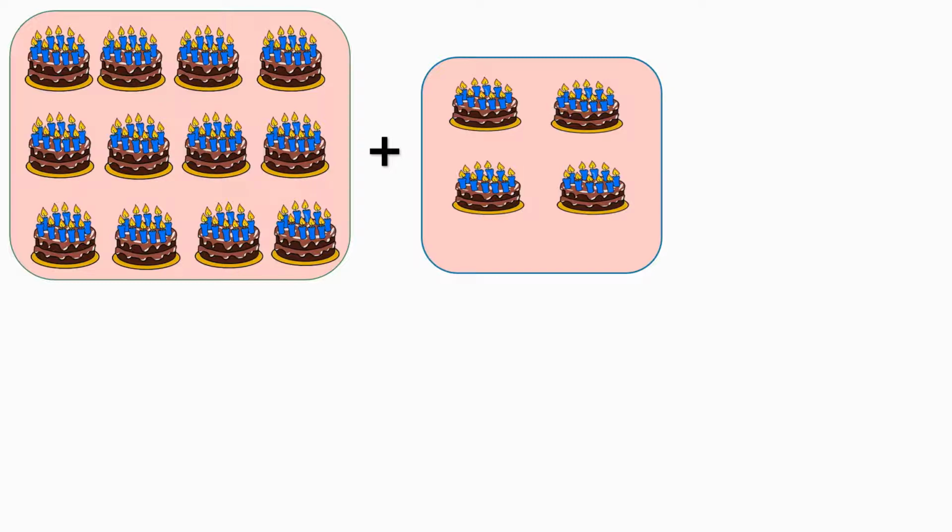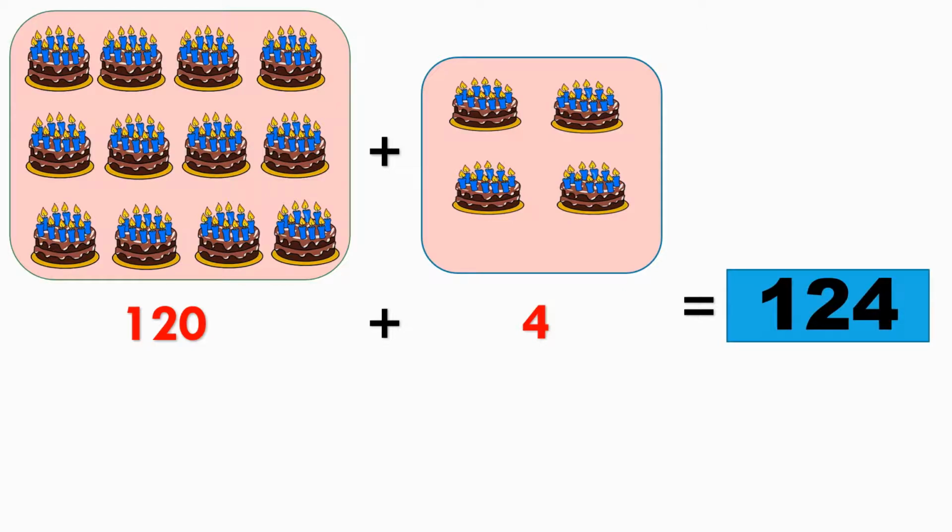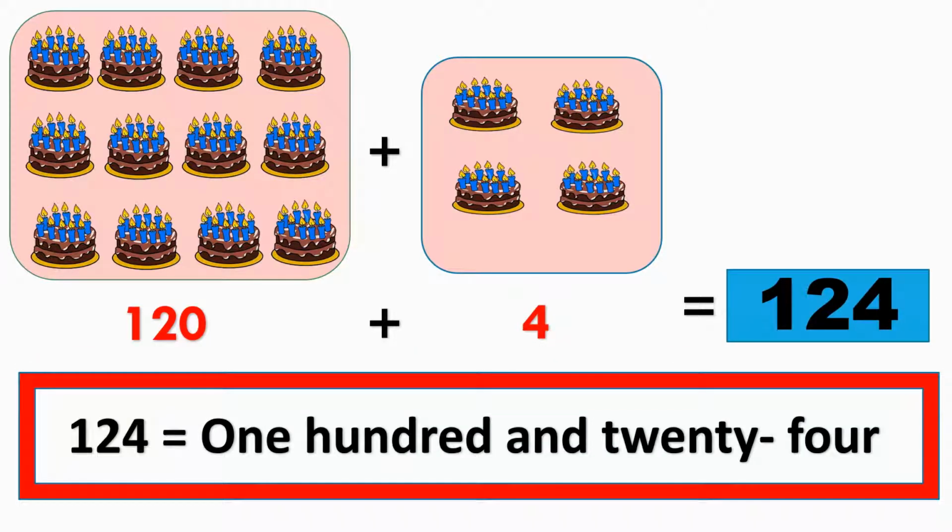So it means 120 candles. If we add 4 more candles, it means 124. How can we write? ONE 1, HUNDRED 100, AND TWENTY 20, FOUR 4, 124.